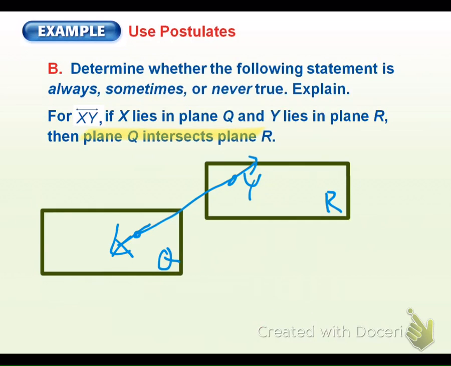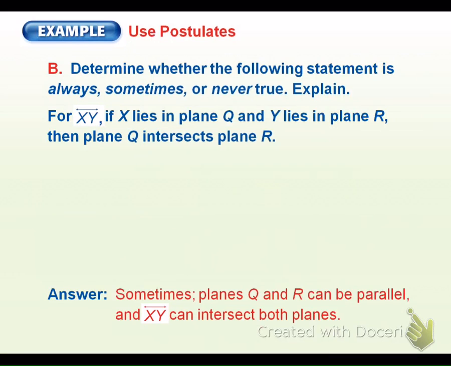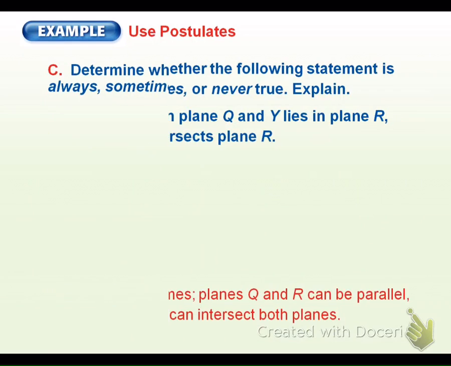Well, in my picture, these two could be parallel, right? You could have two planes that go like this and never cross, and you could have a line that runs between them, right? So they don't have to intersect, but the two planes could intersect, right? So I would say this is sometimes, because the planes could be parallel, and XY can go through both planes. That statement is sometimes true, because the planes could be on top of each other and not cross, or they could cross, right? They don't have to always intersect.